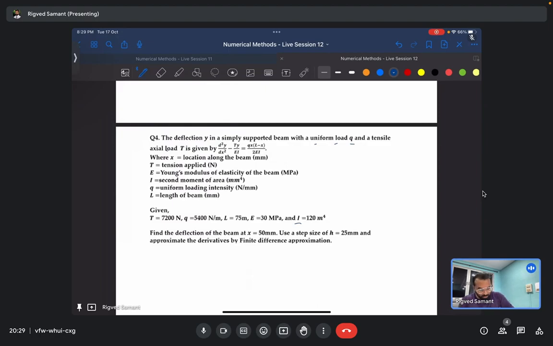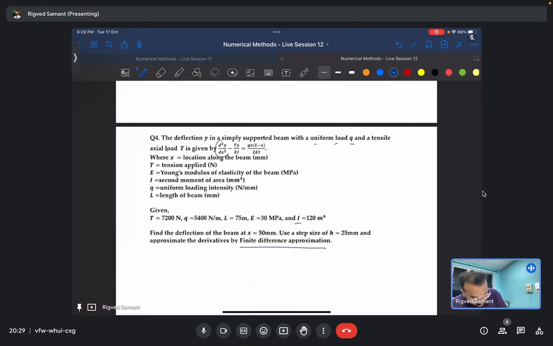How will you solve using finite difference? In finite difference, do we require an initial condition? Check your first problem. We actually did not use the initial condition.